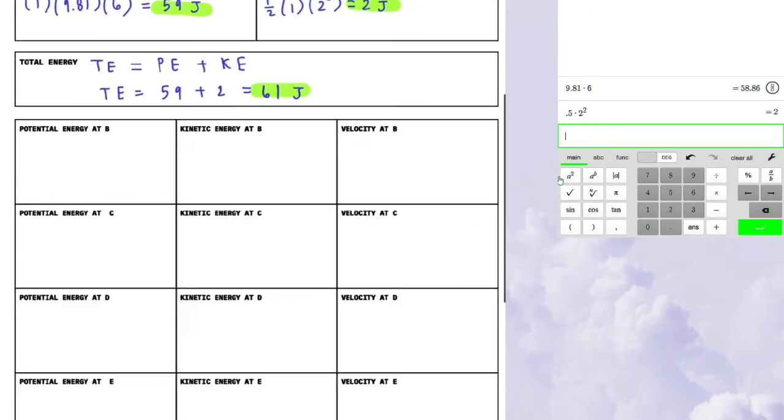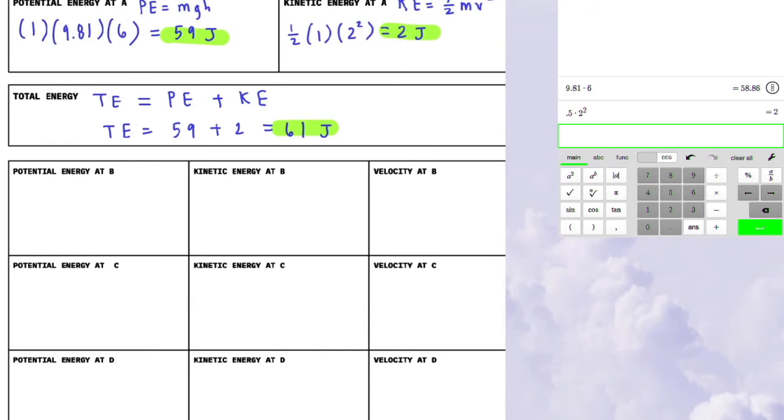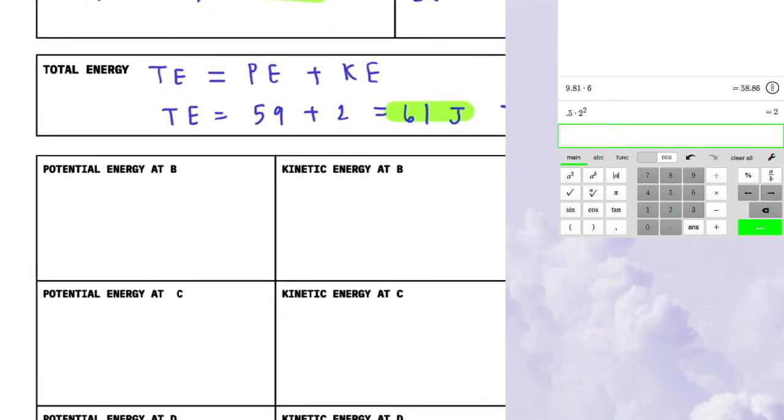Alright, so now the fact that we have 61 joules of total energy is important, and we're going to have to remember that throughout this whole assignment. So let's go through some of the easiest ones first.